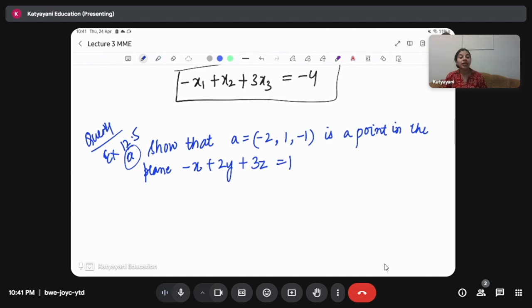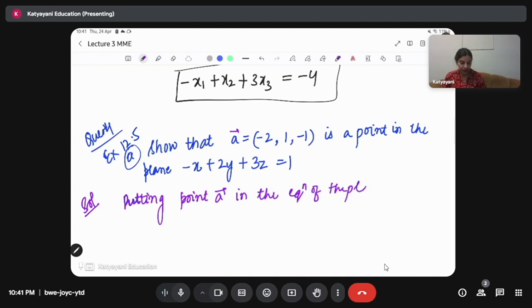So substituting a1, a2, a3 for x, y, z in the equation, let's see. Solution, putting point A in the equation of the plane. In place of x I will write minus 2, so minus of minus 2.